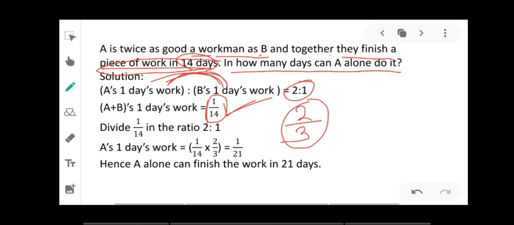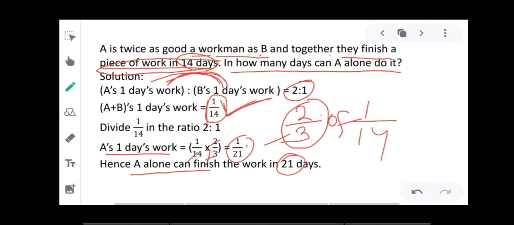So the 1 day work of A and B is 1 upon 14, and A's 1 day work will be 2 by 3 of 1 upon 14. Clear? So 1 by 14 into 2 by 3, this is 2 7s are 14, so 1 by 21. That means A alone can finish the work in 21 days. 1 by 21 is the one day work, so n equals 21. A can finish the work in 21 days.